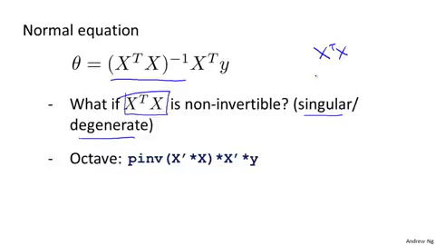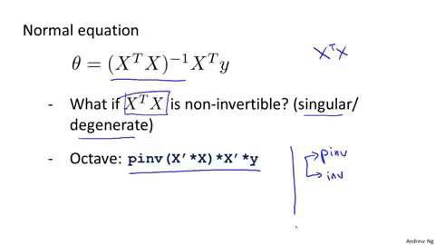And in Octave, if you implement this to compute theta, it will actually do the right thing. I'm getting a little technical now, but Octave has two functions for inverting matrices. One is called pinv, and the other is called inv. The differences are somewhat technical: one's called the pseudo-inverse, one's called the inverse.